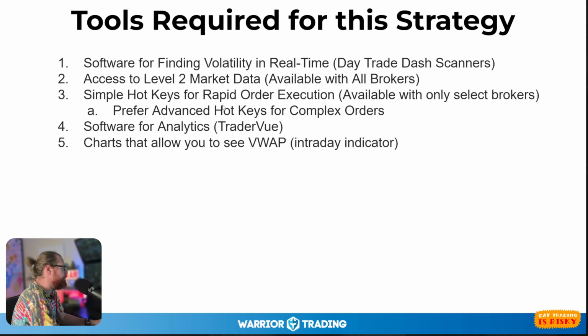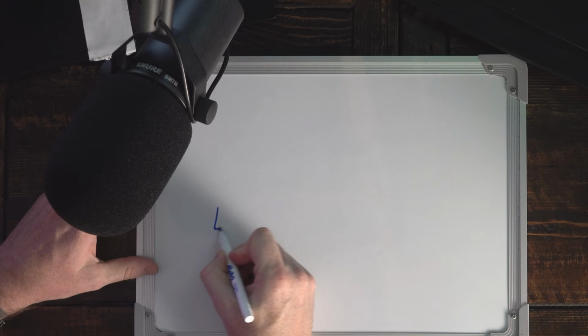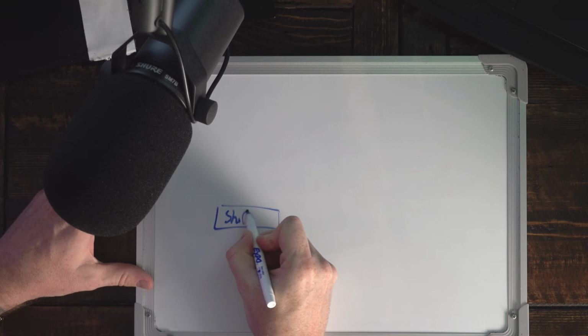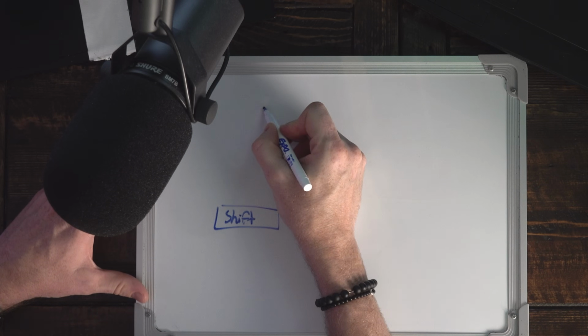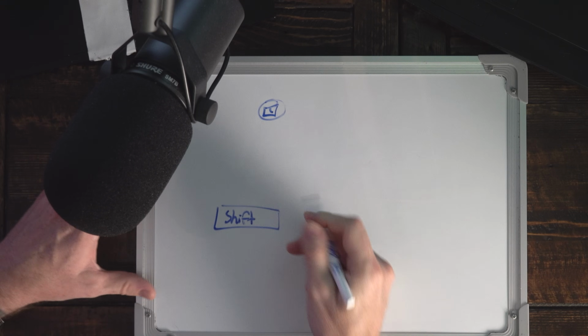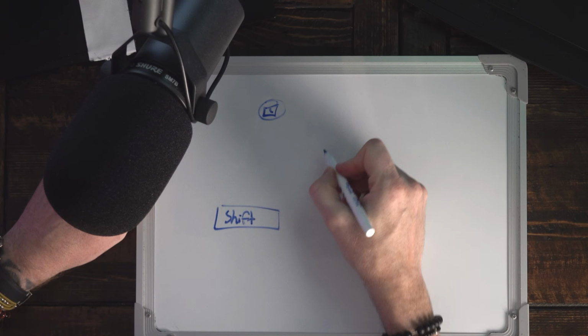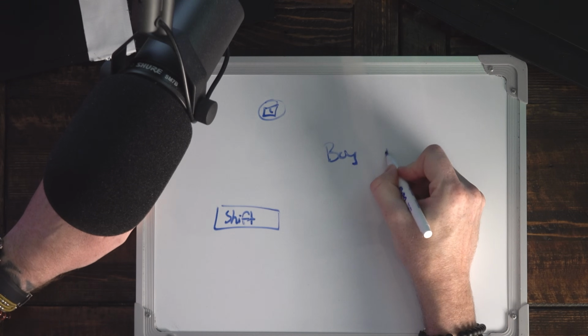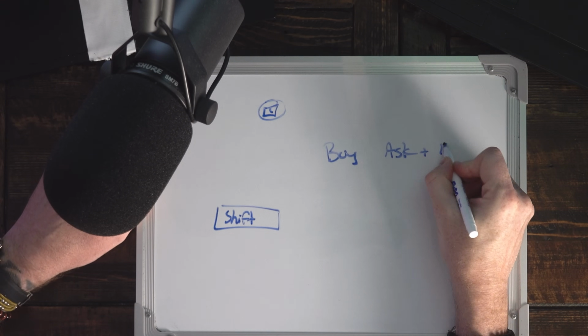Having hotkeys, even simple hotkeys, just to buy and sell quickly, is going to make it a little bit easier. So for me, I have a hotkey that is Shift plus 1 right here, and that's going to send a buy order to buy at the ask plus 15 cents.